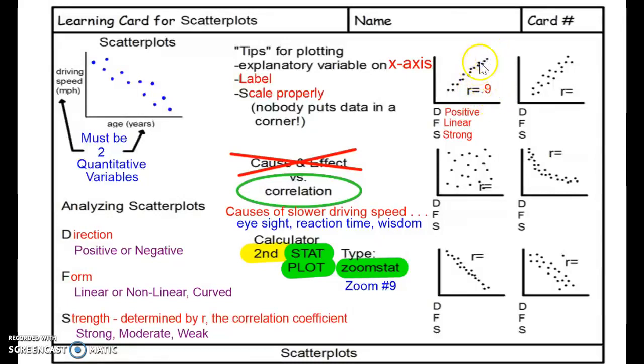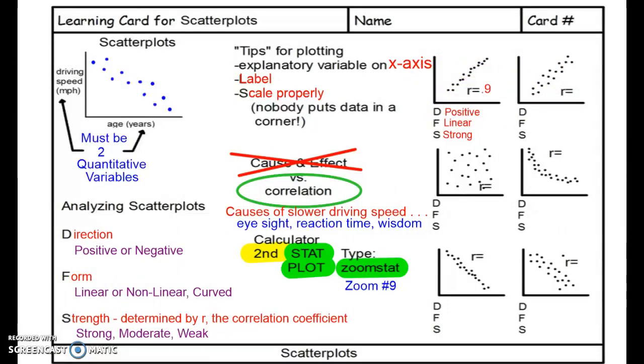By looking at the scatter plot itself, I can tell that this is a positive direction. It looks like a pretty straight line. It's not curved, so I'm going to call this linear. And a correlation of 0.9 is strong. That is a strong, positive, linear association between these two variables, whatever they may be.